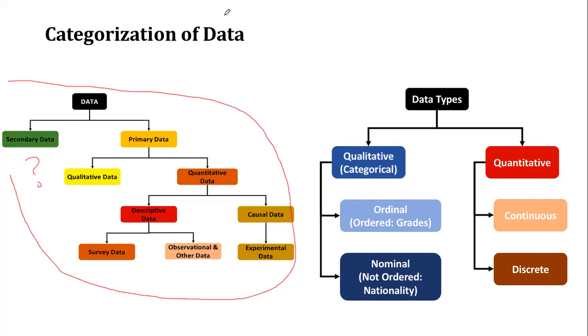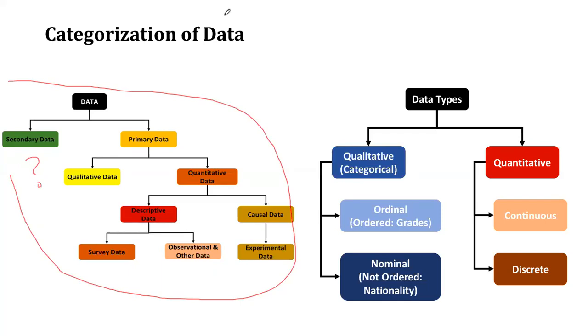It can be done verbally, or you can develop a form, send the form, and ask someone to fill it in. Or even you can observe. You can have a camera and do some observation and then collect data.